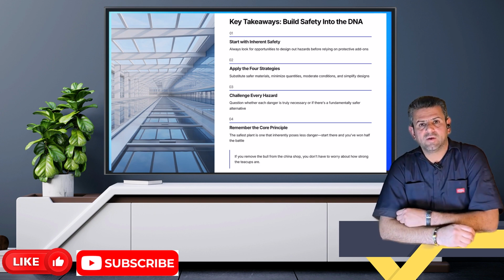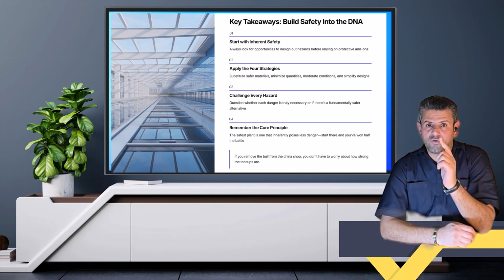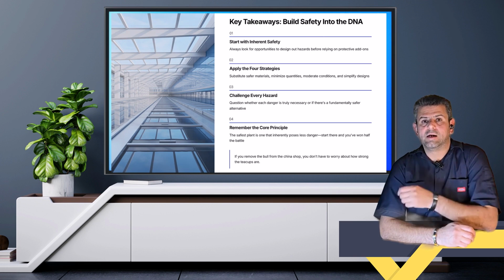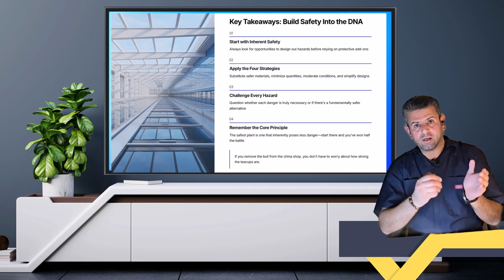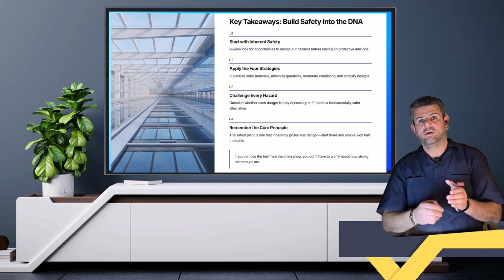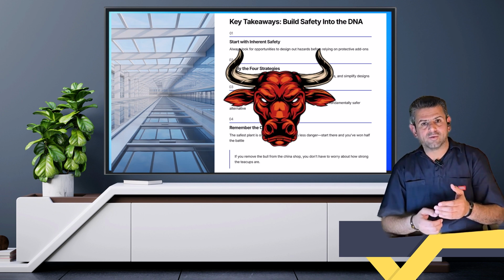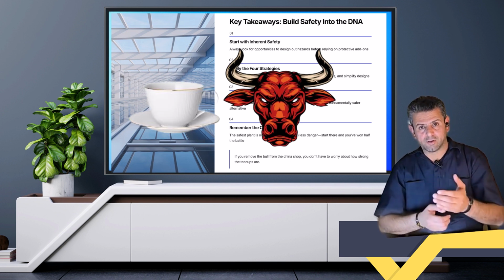The lesson for safety and operations experts is clear. Always look for opportunities to design out hazards before relying on add-ons. If you remove the bull from the china shop, you don't have to worry about how strong the teacups are.